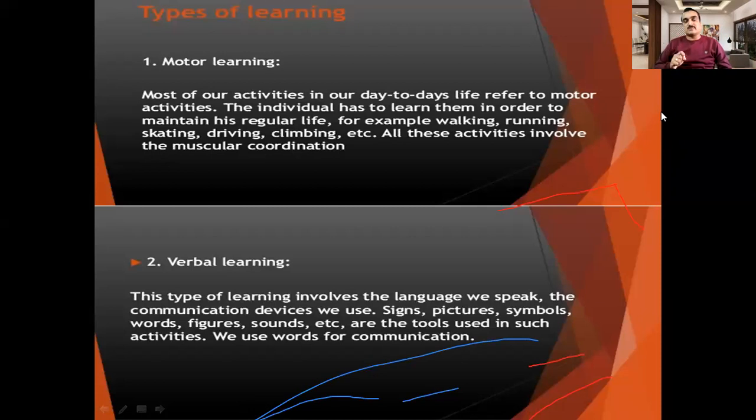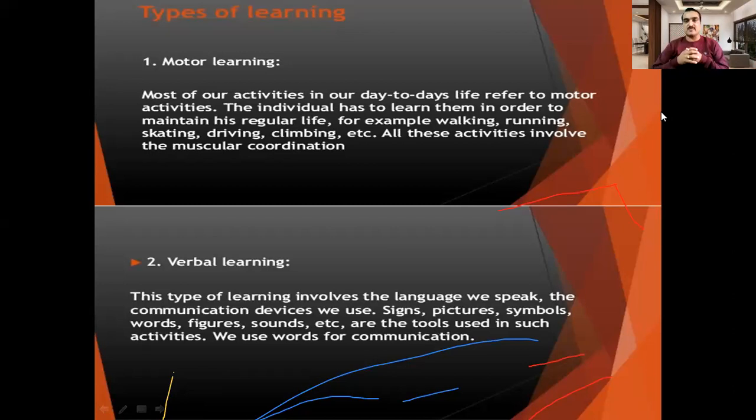Most of our activities in day-to-day life, from morning till late night, are done with the help of influential factors. So motor development or motor activities influence all those activities. The individual has to learn all those activities in order to maintain their regular life.